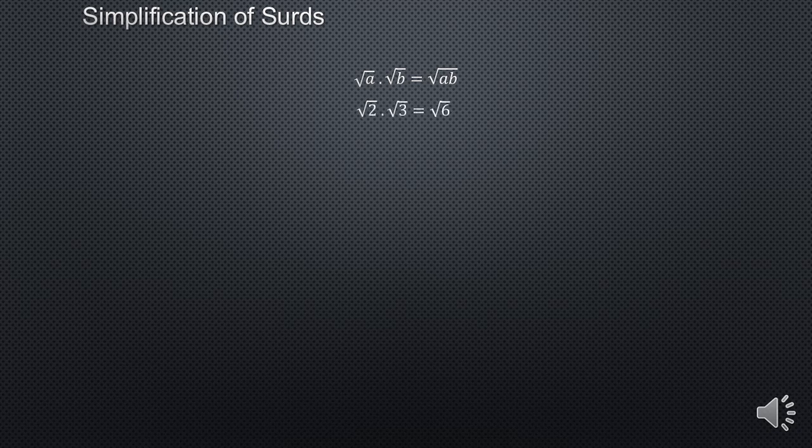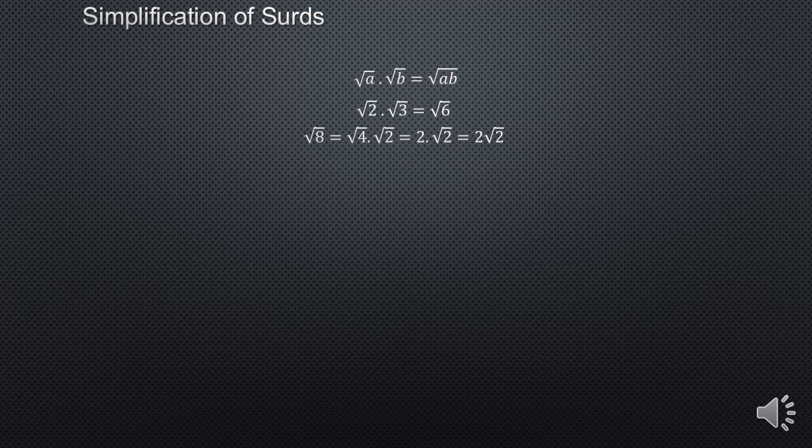So root of 2 times root of 3 would be root of 2 times 3, which is root of 6. I'm going to use a dot to represent multiplication. We'll do it a lot. It's used interchangeably with a multiplication sign, which looks a lot like an X. In this case it means multiplication.